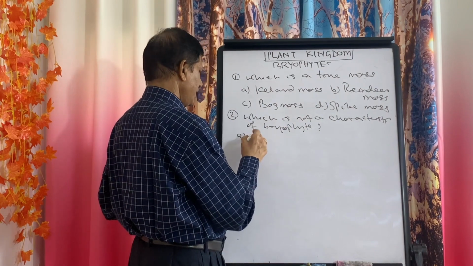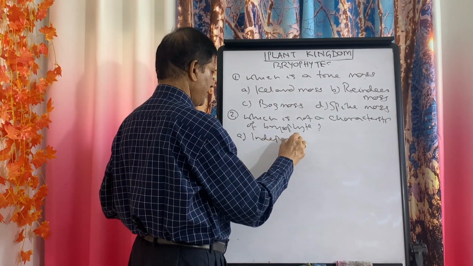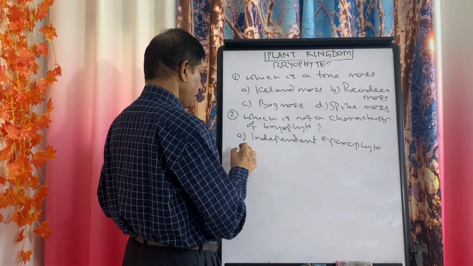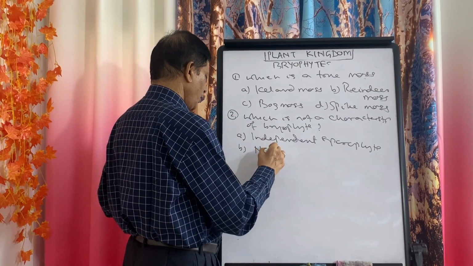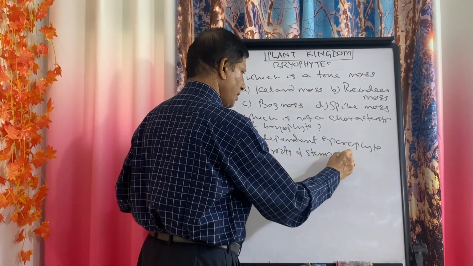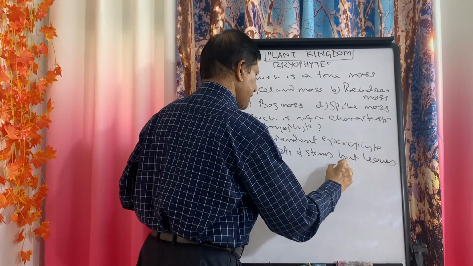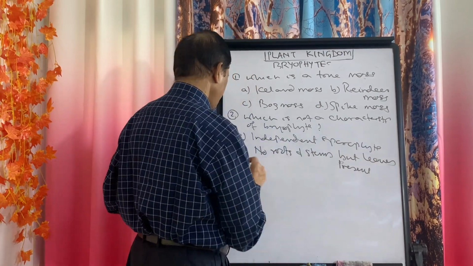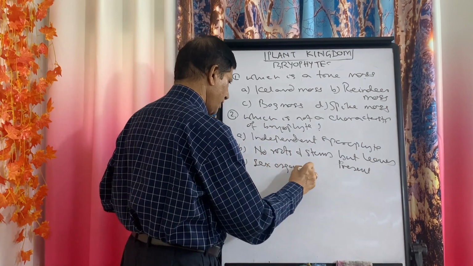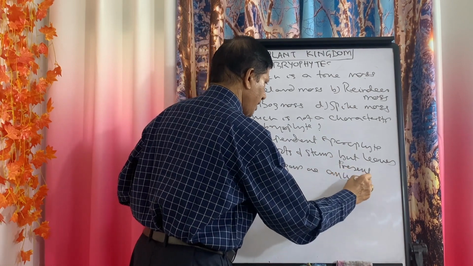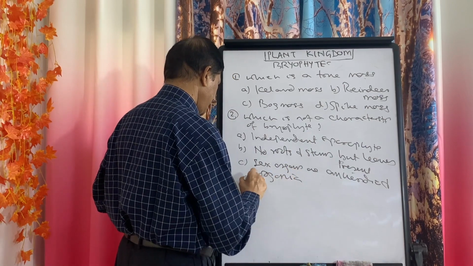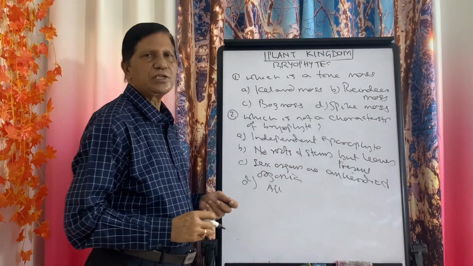A choice independent sporophyte, B choice no roots and stems but leaves present, C choice sex organs are antheridia and oogonia, D choice all. Which is not a characteristic of bryophyte?